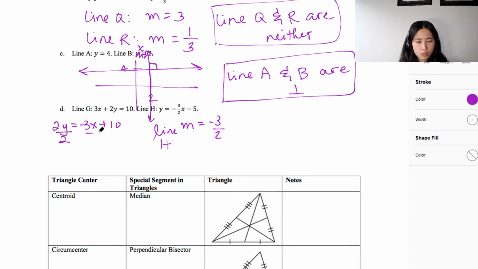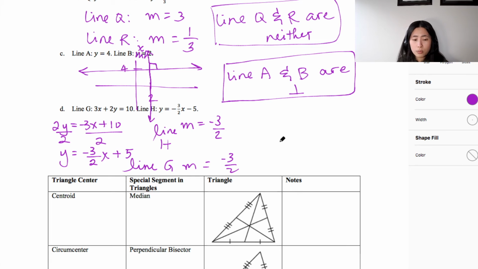Dividing both sides by 2, you're going to see that y is equal to negative 3 over 2x plus 5, right? So negative 3 over 2 is also the slope of line G. Because you have the same slope, therefore you can say line G and H are parallel.